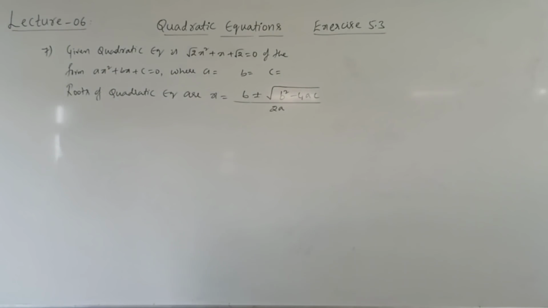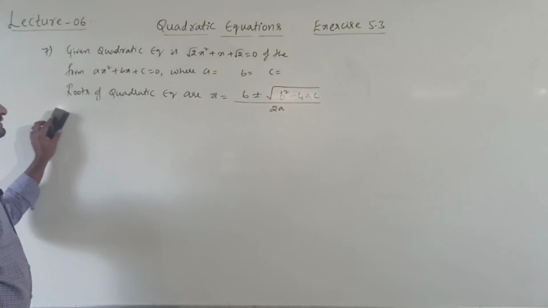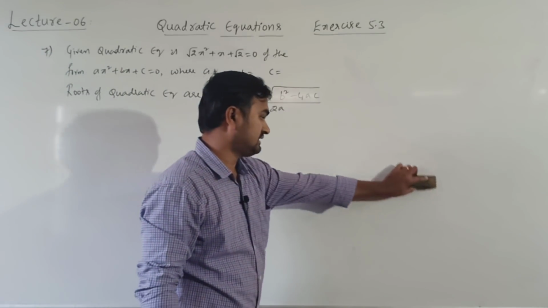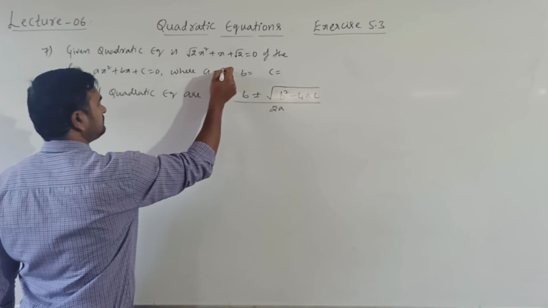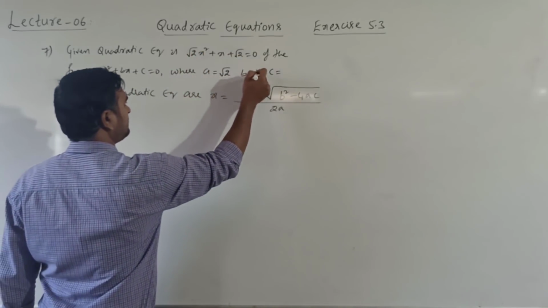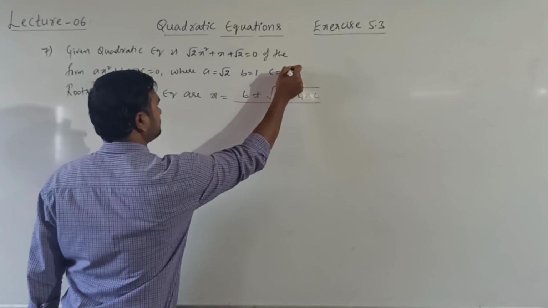Root 2 x square plus x plus root 2 equal to 0. So we have to solve this equation again. It is of the form ax square plus bx plus c equal to 0, where a is root 2, b is 1, c is root 2.